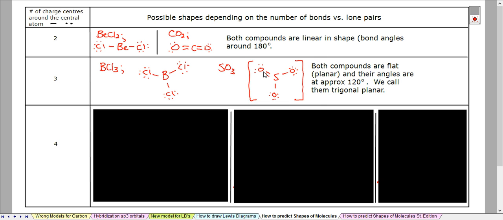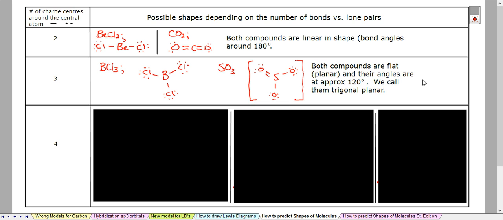Linear, straight line, trigonal planar, or planar triangular, sometimes it's called. We know that it's in one plane, it's flat like a pancake, and we've got these little triangles here. Alright? So three atoms, outside atoms in a triangle.